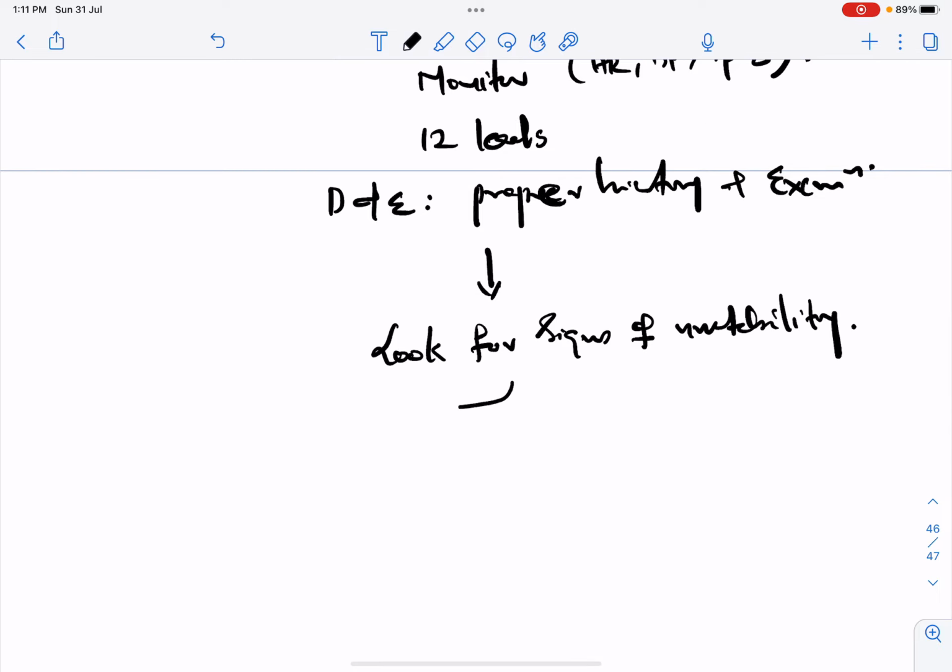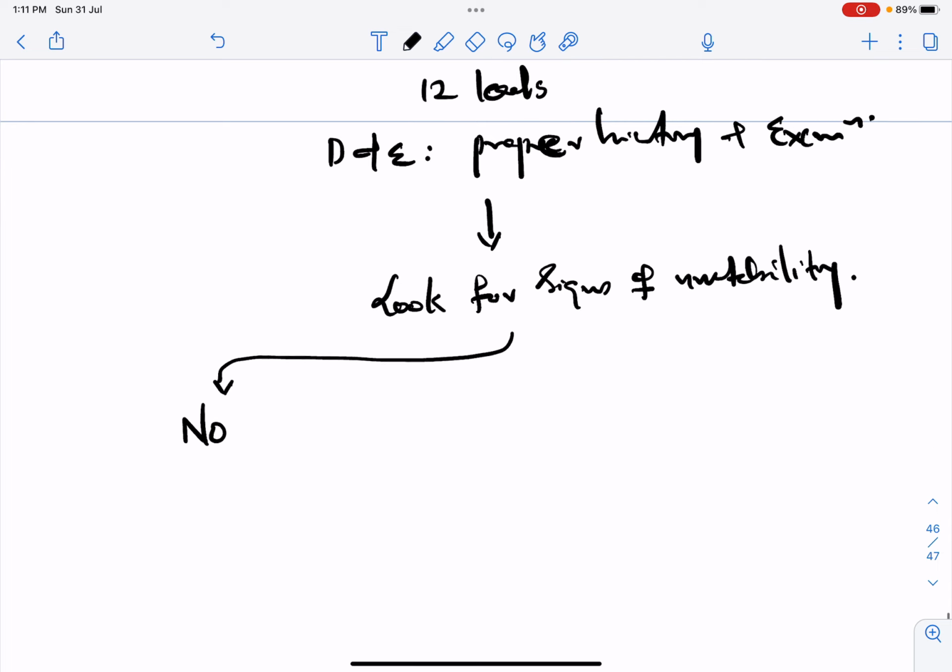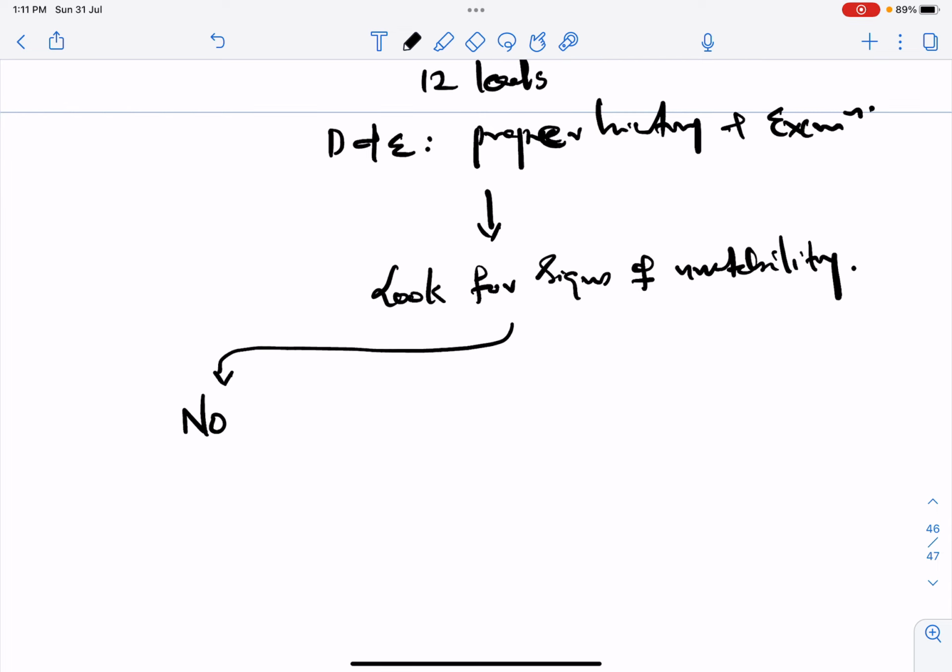If there are no signs of instability, there is nothing to do with the patient other than monitoring. So our treatment goes to monitoring. Monitor the patient whether he is developing any new signs of instability.